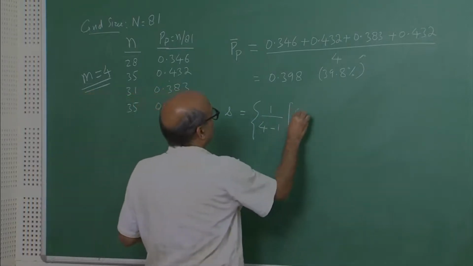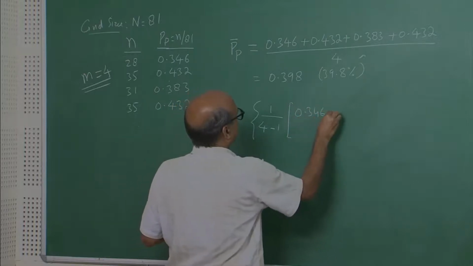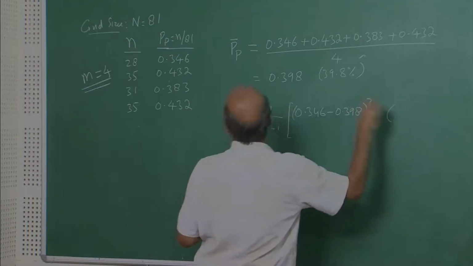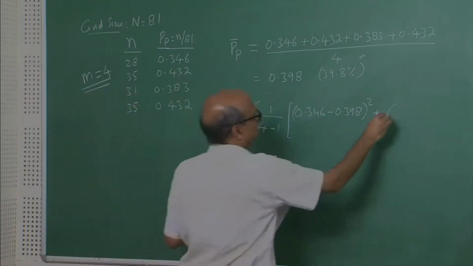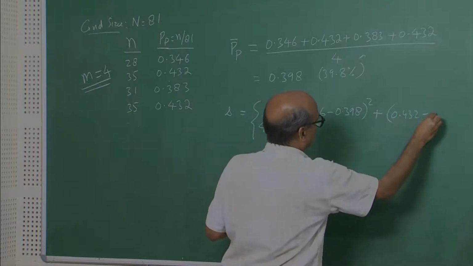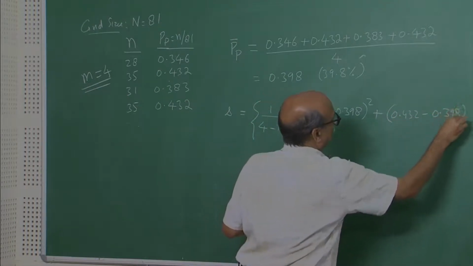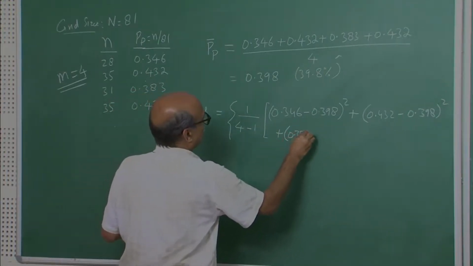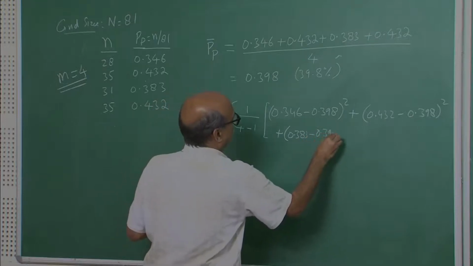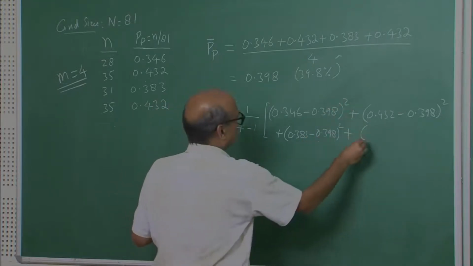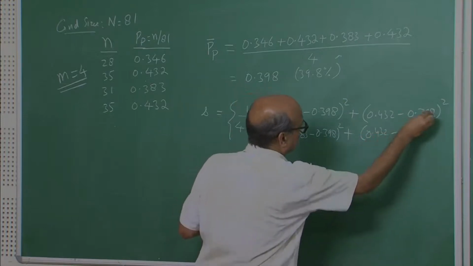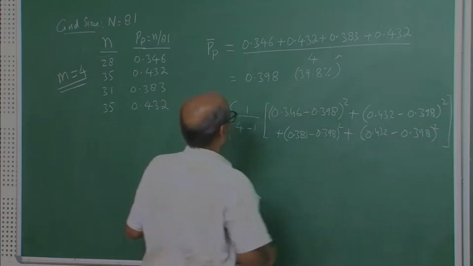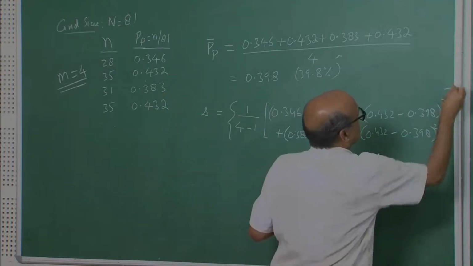So, it will be (0.346 minus 0.398) squared plus the second value (0.432 minus the mean, which is 0.398) squared, plus the third one (0.383 minus 0.398) squared, plus 0.432, well, this is just the repeated result, (0.432 minus 0.398) squared, and the whole thing raised to the power half.